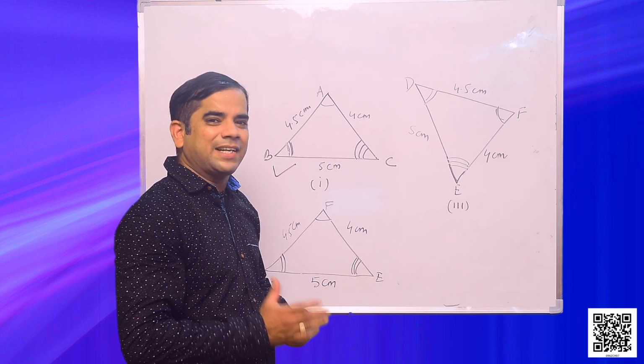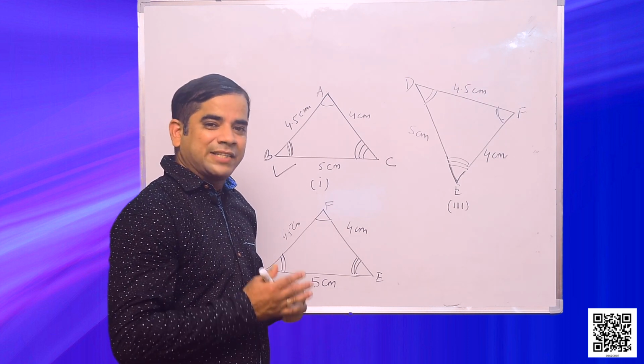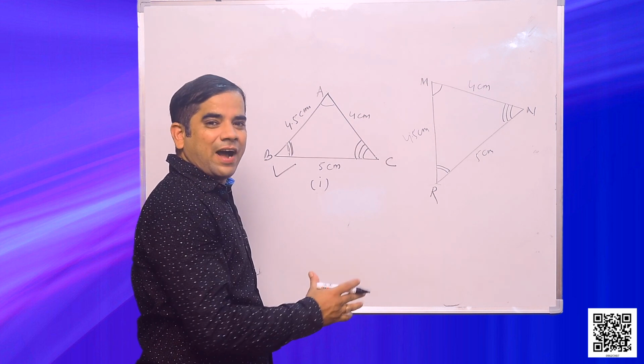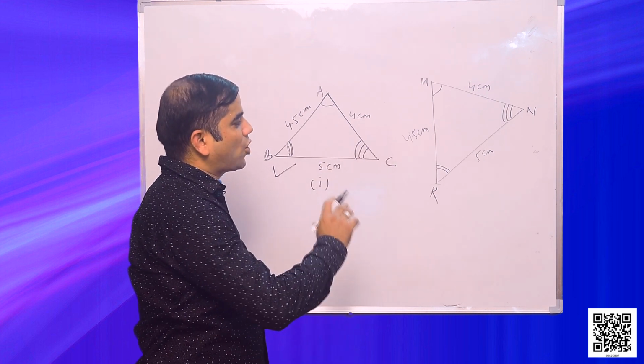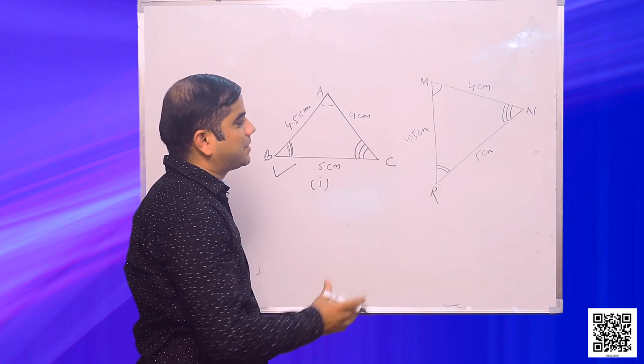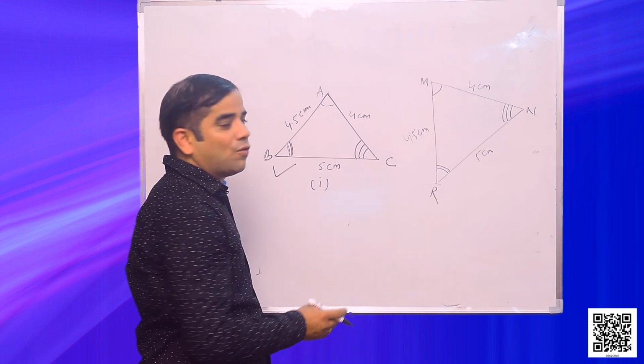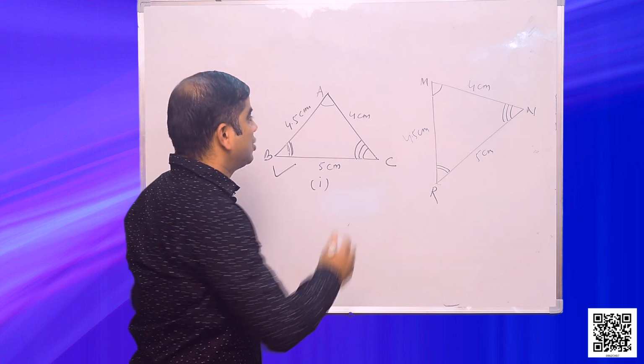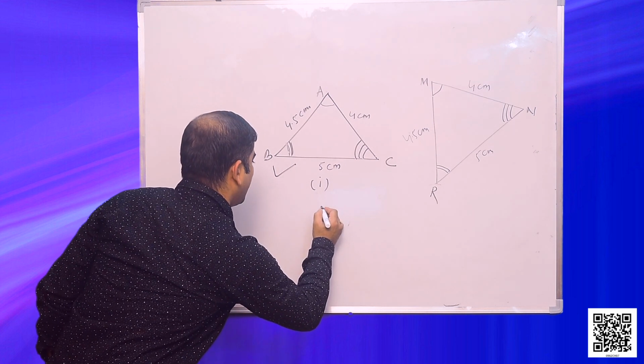Okay? Let us see what happens with triangle number 4. So students, if I rotate this triangle clockwise so that the base of the triangle becomes NR with the vertex M at the top of the triangle, we will have the triangle like this.